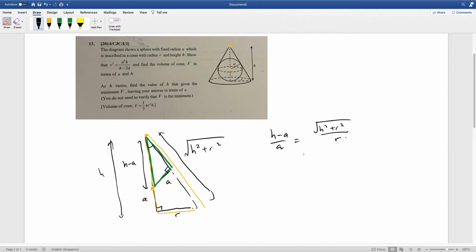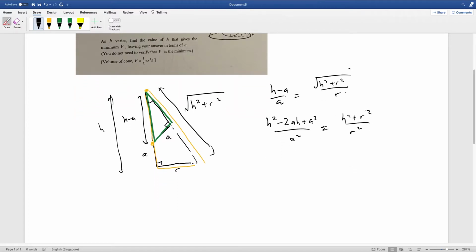Now we have a problem because it doesn't look like the answer. Wait, actually no, it does look like it. So we square both sides: H squared minus 2AH plus A squared over A squared equals H squared plus R squared over R squared. Now we have R squared terms, so we make R squared the subject.